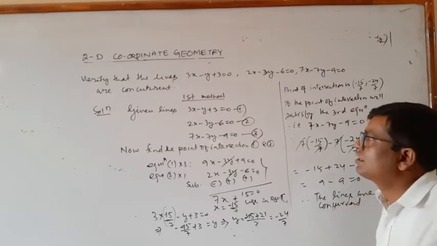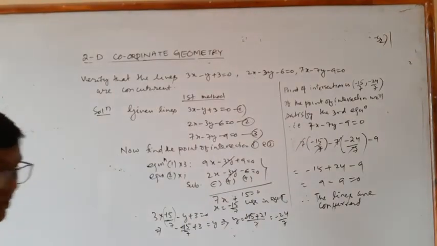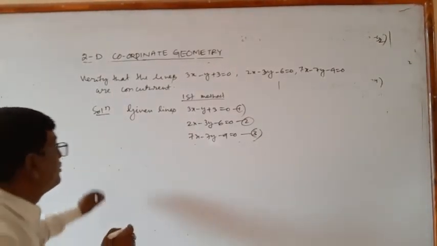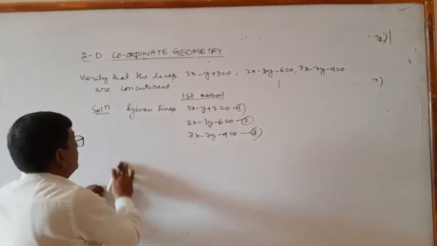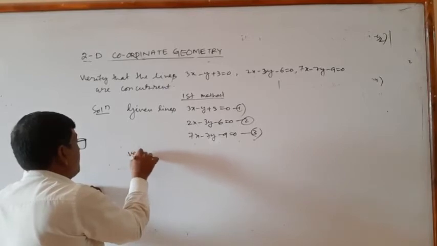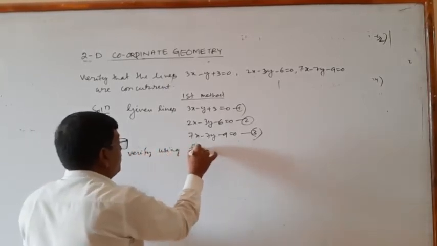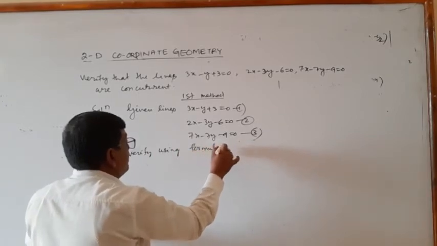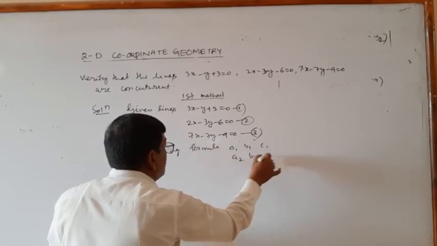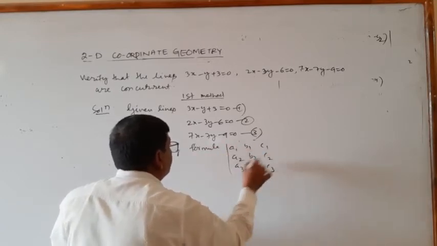Now another method, this is the first method. Now the second method, that is the determinant method. Verify using the formula, that is A1 B1 C1, A2 B2 C2, A3 B3 C3.